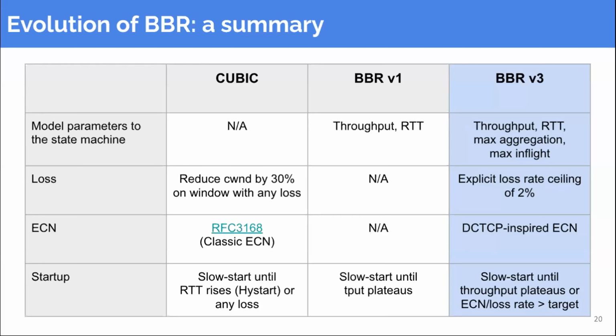And of course, it will also exit slow start when there's any packet loss. BBR version 1 will exit startup if the throughput reaches a plateau, suggesting that it has saturated the bottleneck bandwidth. BBR version 3 has that plateau mechanism, but also will exit startup if the ECN or loss rate is above the target.